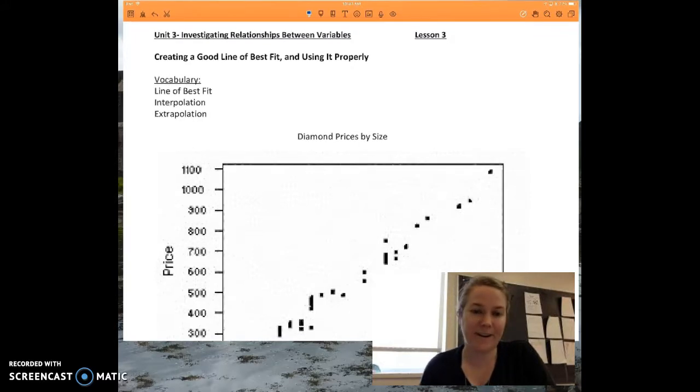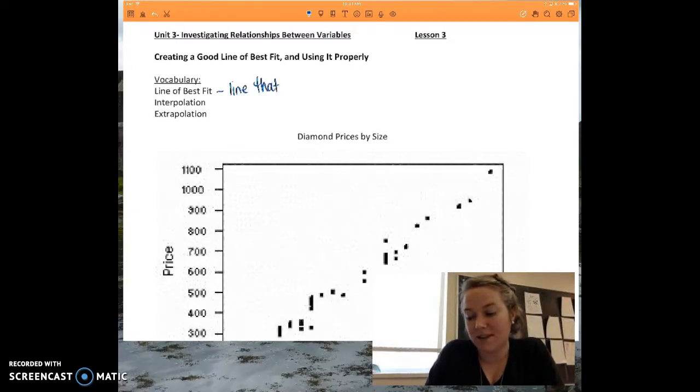So what is a line of best fit? A line of best fit is a line that represents the relationship between variables.